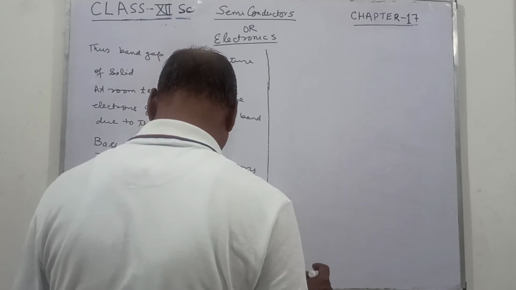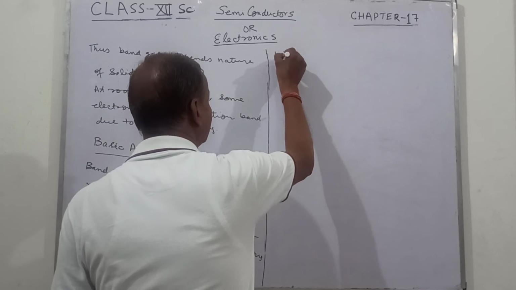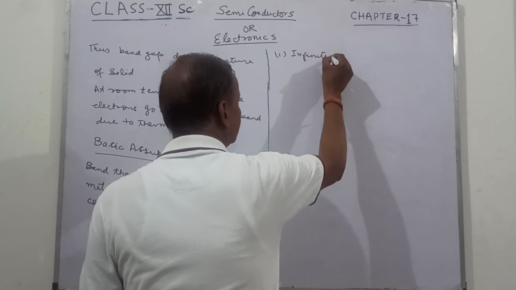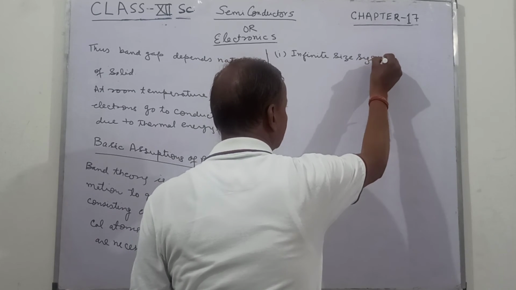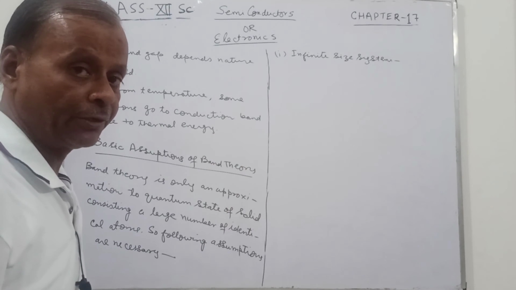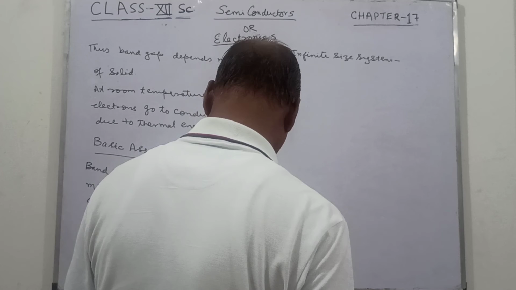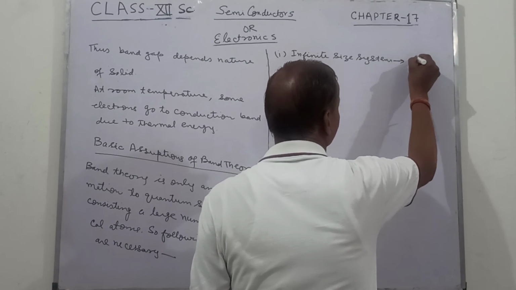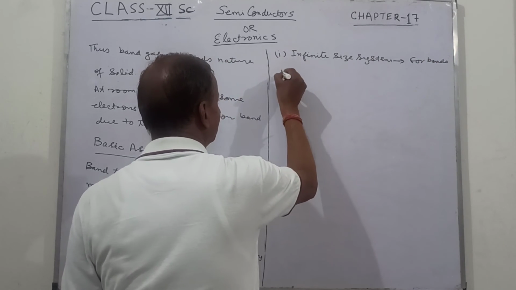Number one, infinite size system. It means that we consider an infinite number of molecules for bands to be continuous.